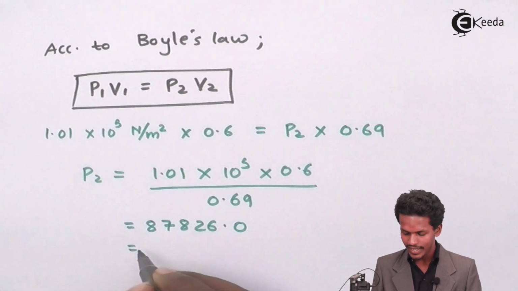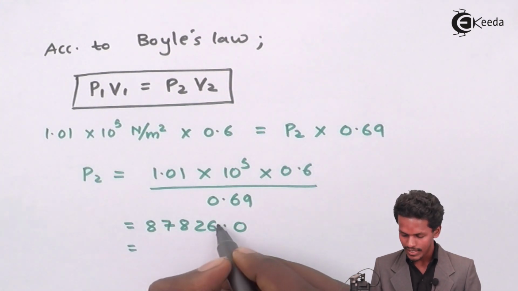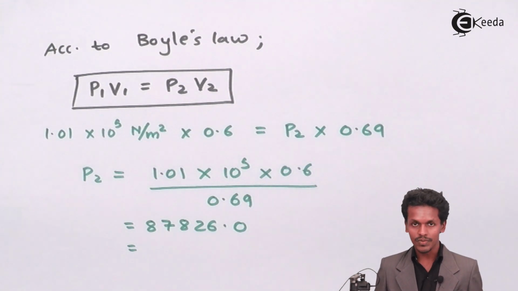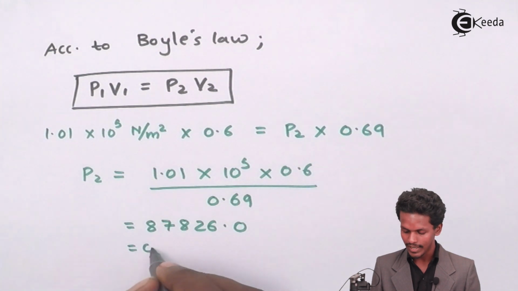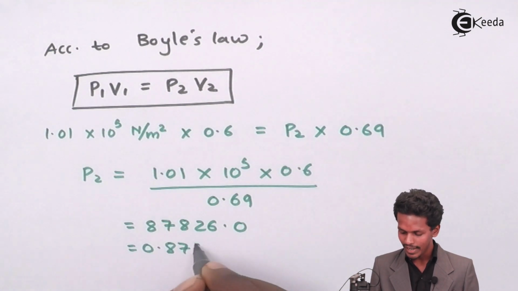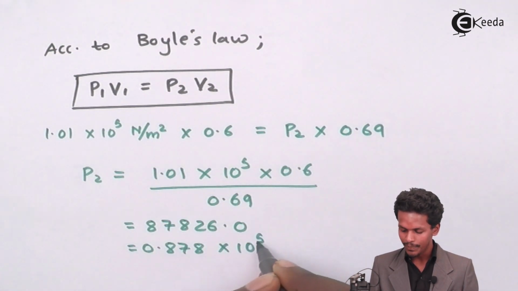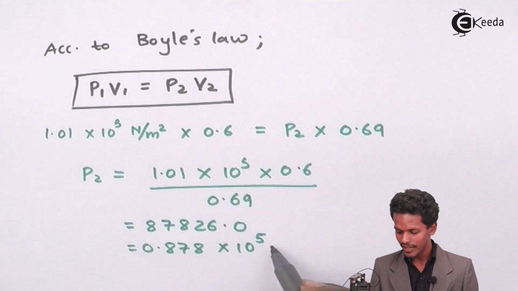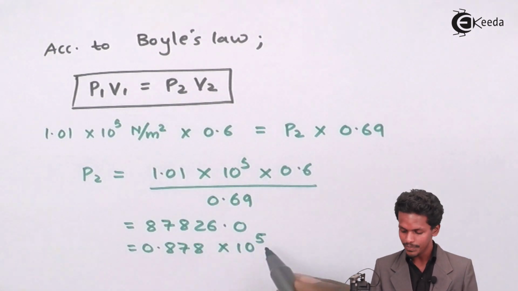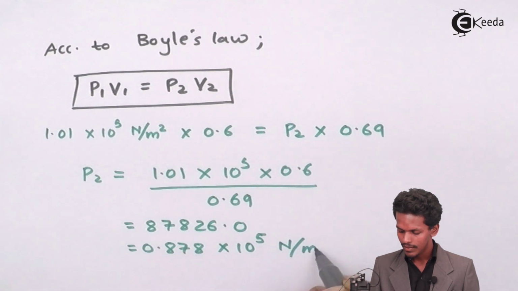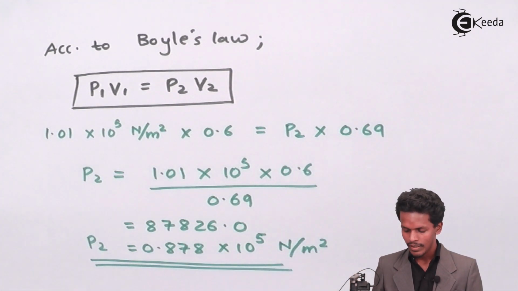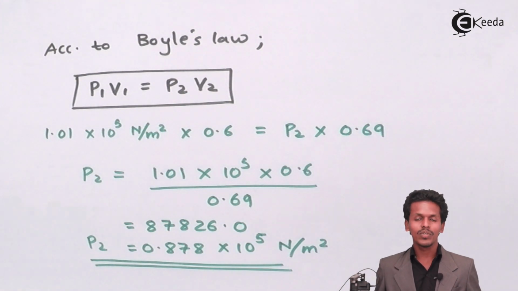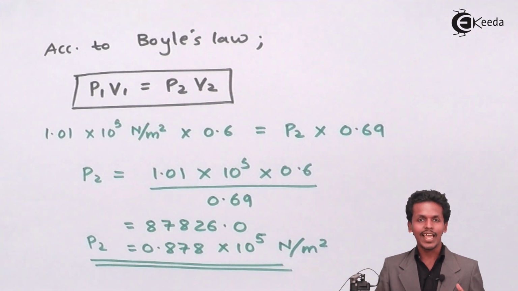If I write in 10 raised to 5 factor, I could write it as 0.878 into 10 raised to 5 Newton per meter square, or I could write it as Pascal also. So this is the value of P2.